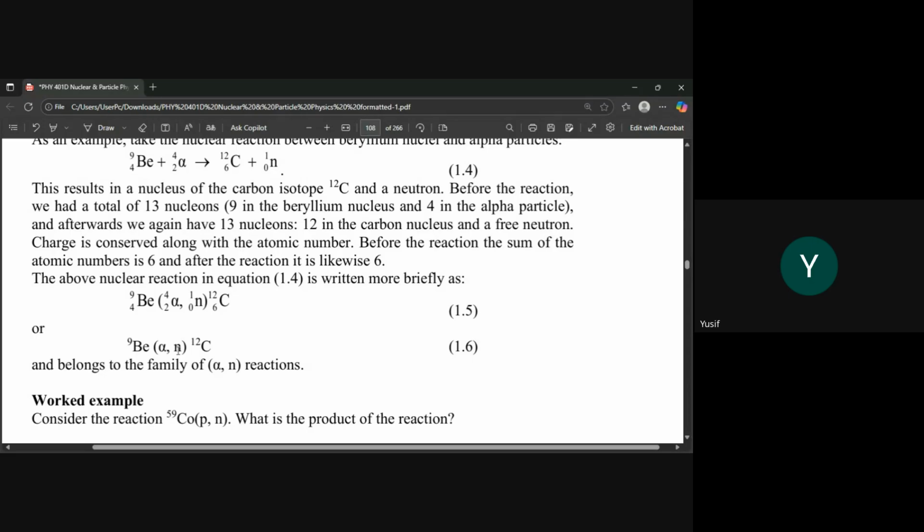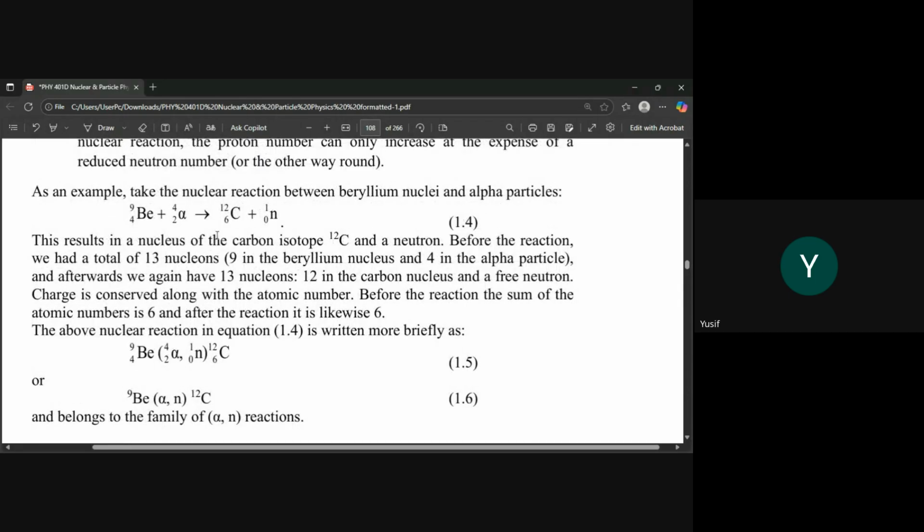For example, assuming the byproduct you are getting is a positron, a positive electron, that is beta plus.